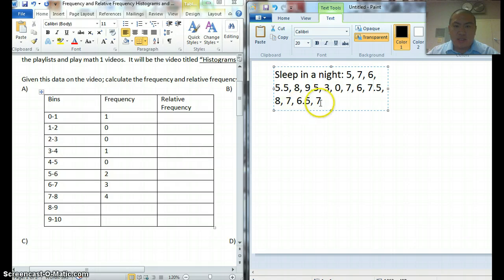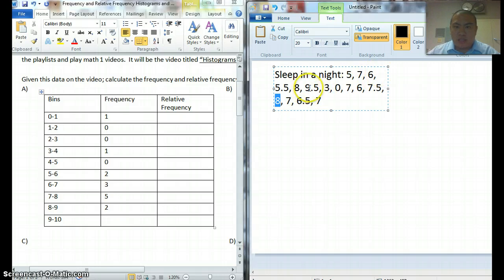For 7 to 8, I see that there's 7s, 1, 2, 3, 4, and I see a 7.5, so it should be 5. Then from 8 to 9, there's an 8, and another 8, and nothing else, so that's 2.